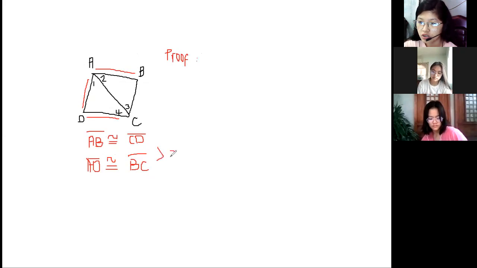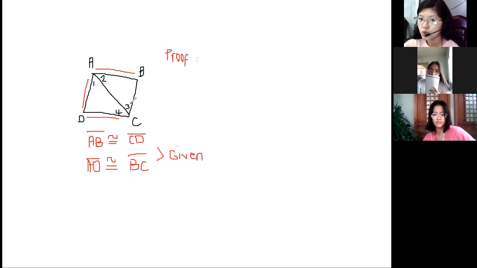Lagi nyo tatandaan, ang first na given natin is itong mga to. Next, we have itong diagonal na naghati. Di ba meron tayo sa properties na yung diagonal is hahatiin niya yung quadrilateral into two congruent triangles. So, using yung diagonal na ito, nahati yung ating quadrilateral.